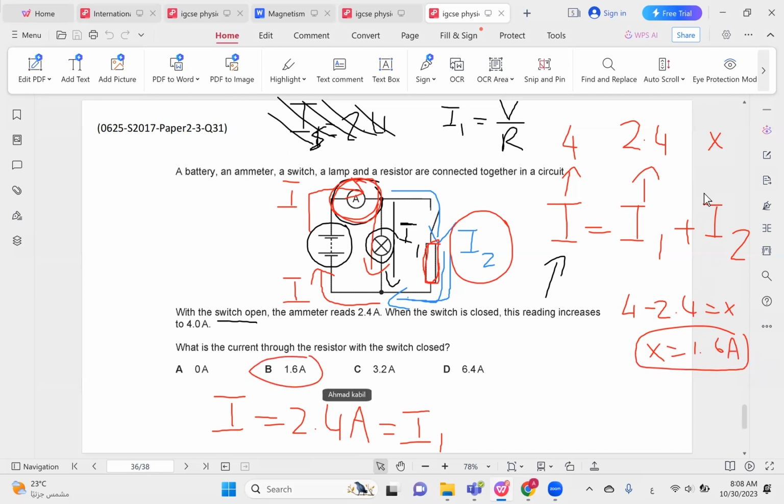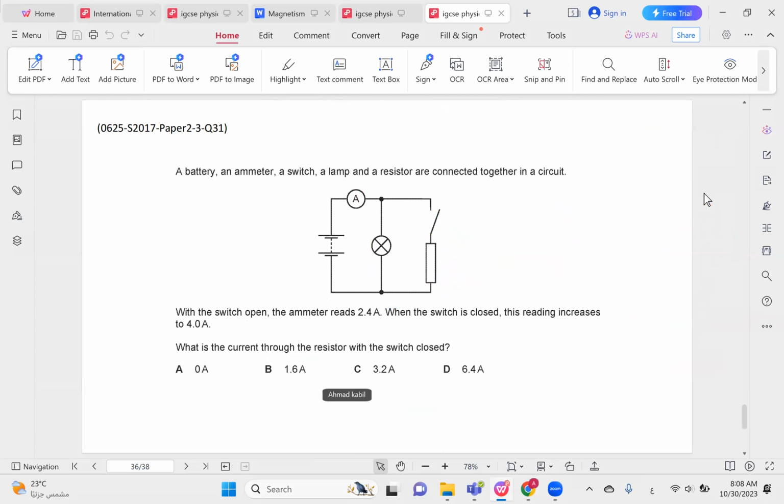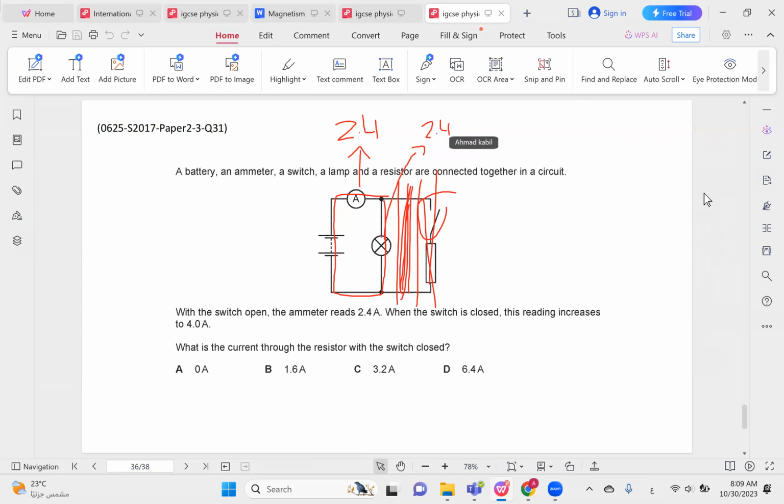Let me give you a brief summary of this question because I know it was a bit confusing. So there are two scenarios. One scenario with an open switch. An open switch here means that this part is just not there. And this ammeter reads 2.4 amperes. And since it's only one branch, one circuit, we know that the current here is 2.4 amperes as well.